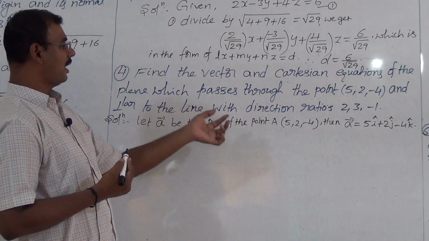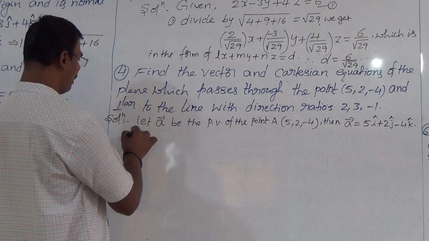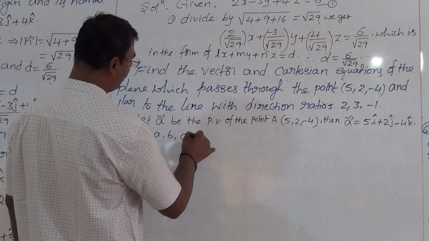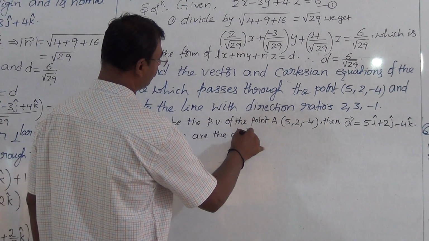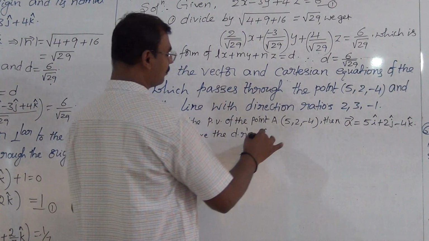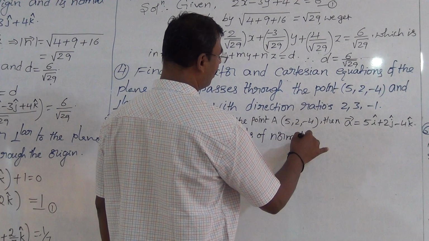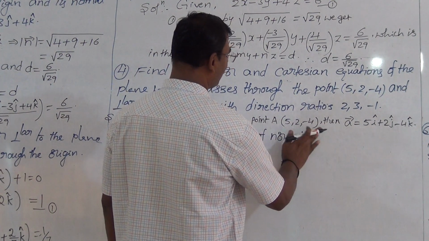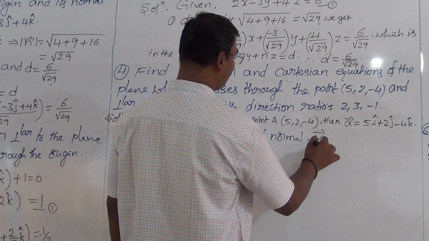Direction ratios are also given. Let a, b, c be the DRs of the normal n bar. We can take either capital or small letters.